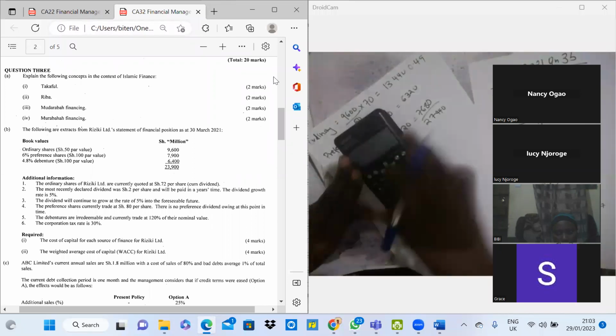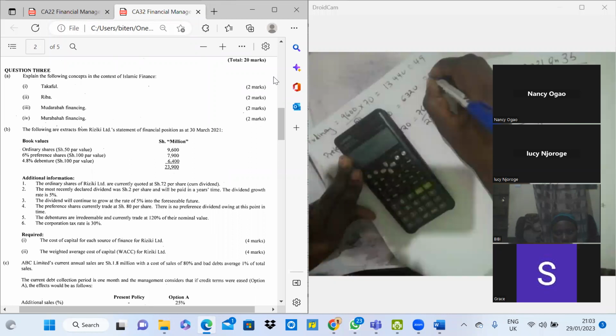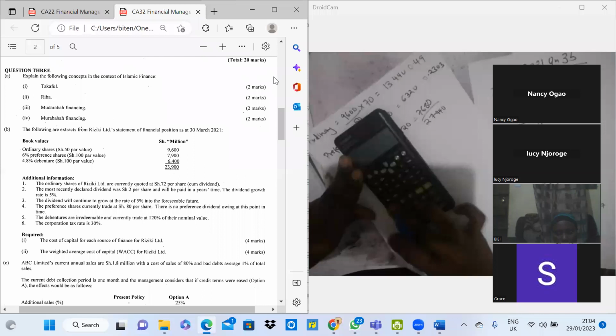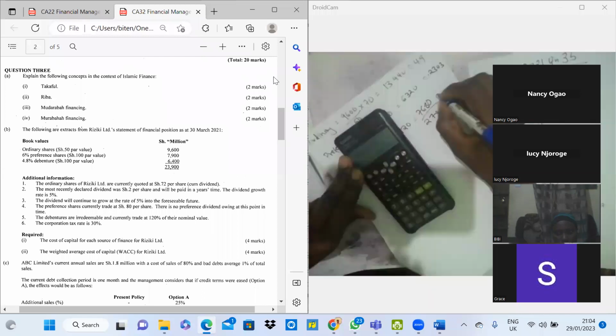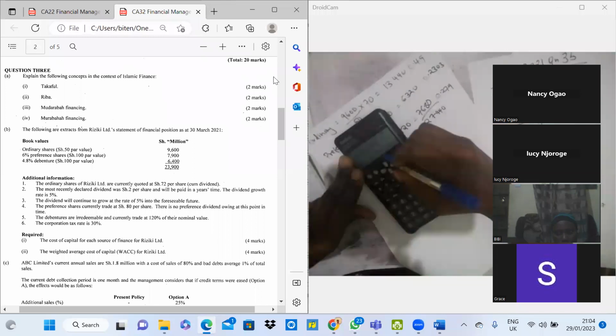This is 0.2303. Then 7680. You divide by 27,440. 0.2798. So that is 28.